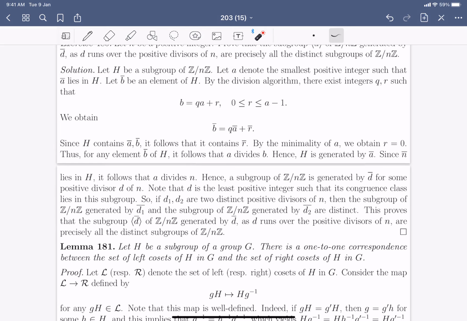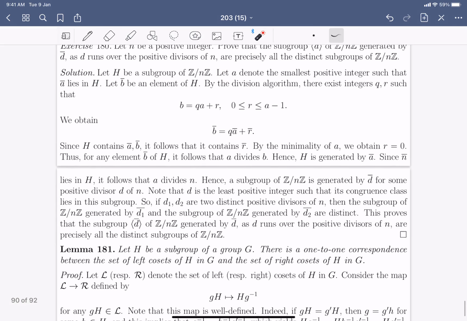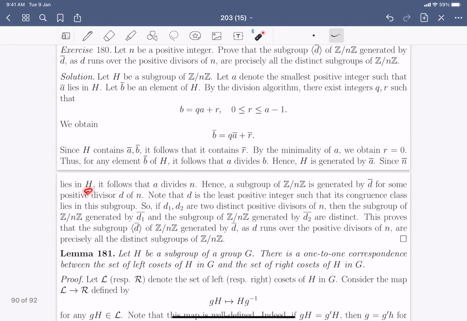So we have seen that H is generated by a bar, where the integer a satisfies this property. Now you know that n bar lies inside H. Why is that the case? Because n bar is 0 bar, and H being a subgroup has to contain the identity element of Z mod nZ. So n bar has to lie inside H, and it follows that a has to divide n, by repeating the same argument.